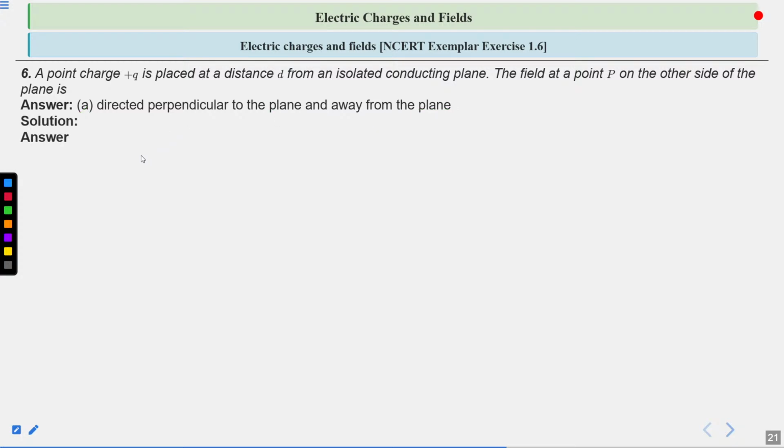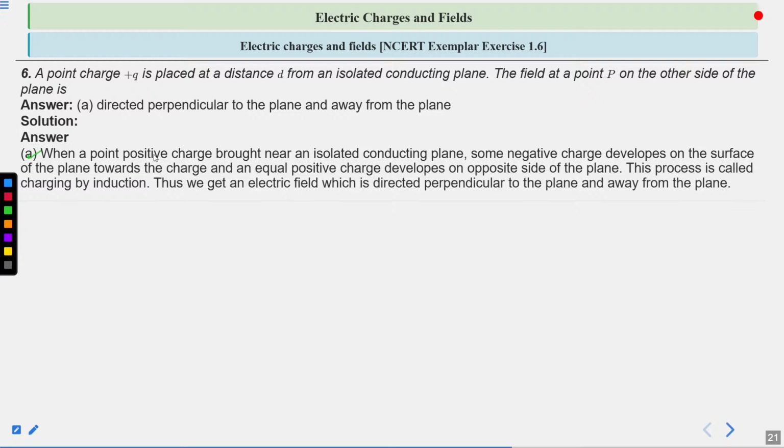So when a positive charge, listen carefully, when a positive charge is brought near an isolated conducting plane, some negative charge develops on the surface of the plane towards the charge and equal positive charge develops on opposite side of the plane. So in that case, this process is called charging by induction.